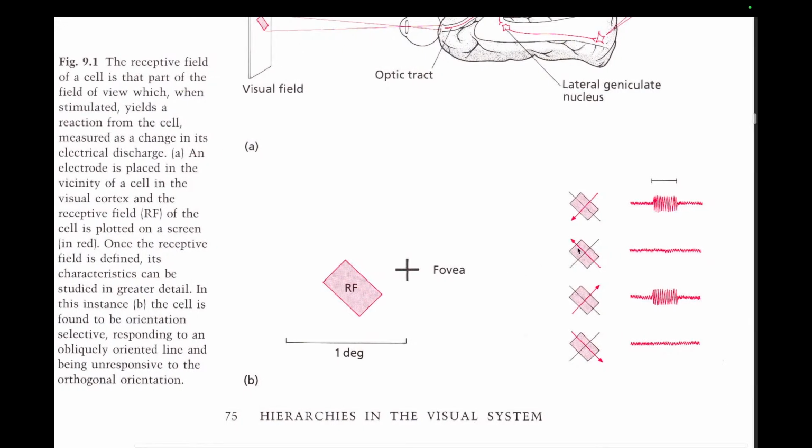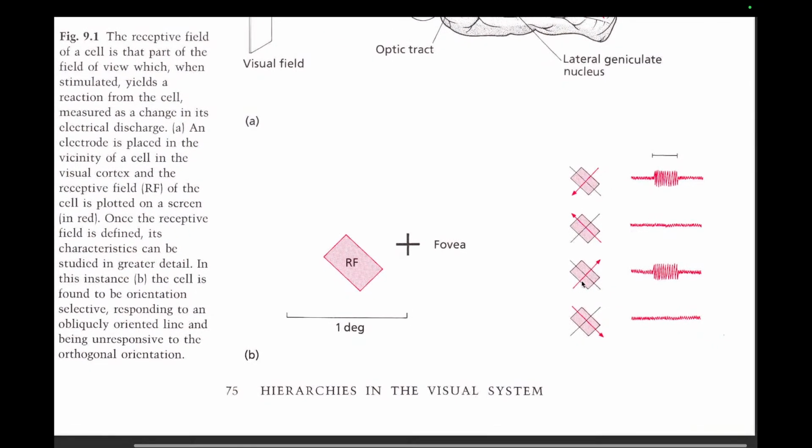Now with each orientation of light passing on the receptive field, the oscilloscope is recording different recordings. So this direction, for example, is more stimulated, and this one as well. These two are far less.